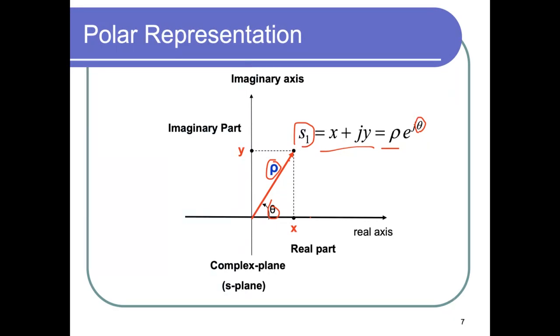So, by the way, everything in this course we use radians. We do not use degrees. So everything is in radians. And sometimes it's easier to work with polar forms than rectangular representation. But both are equivalent.